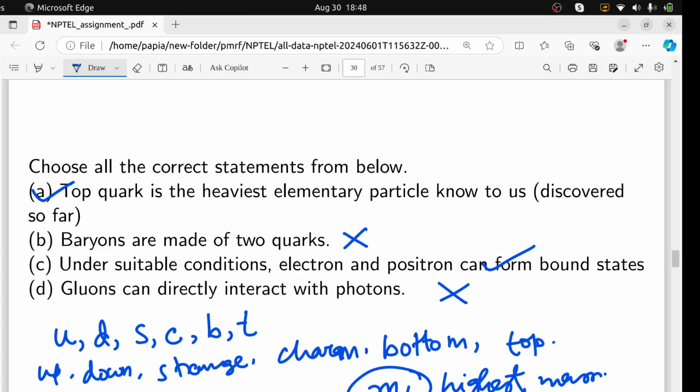Among these four options, we can see A and C are correct.